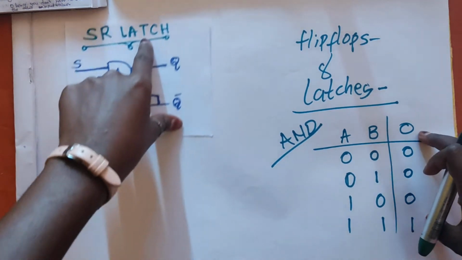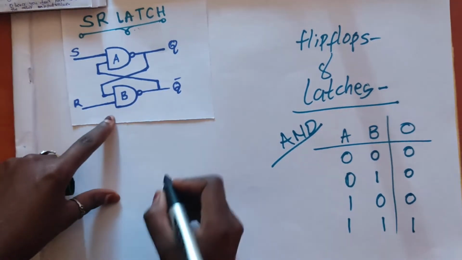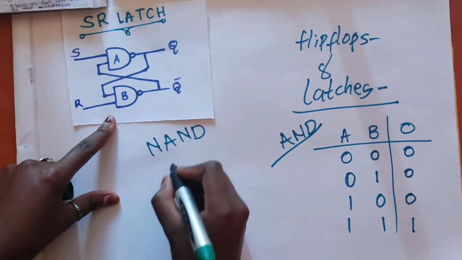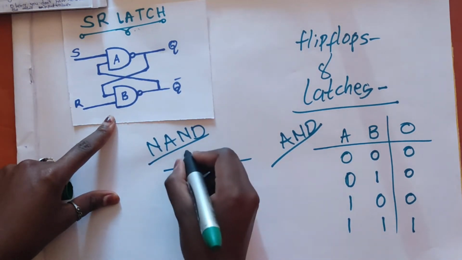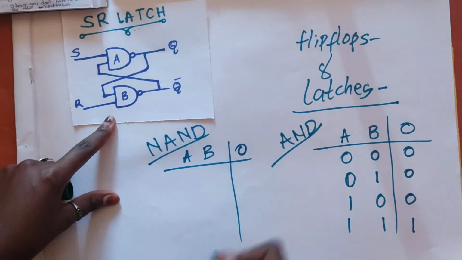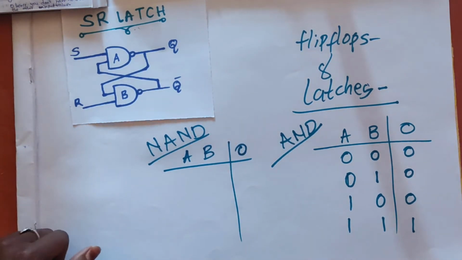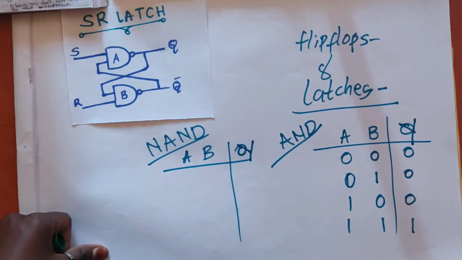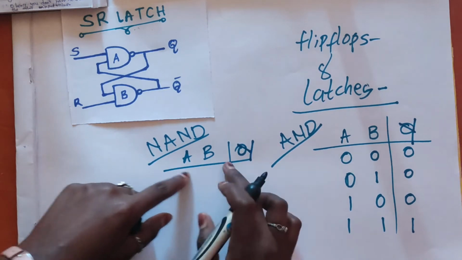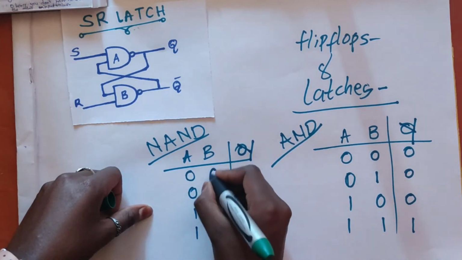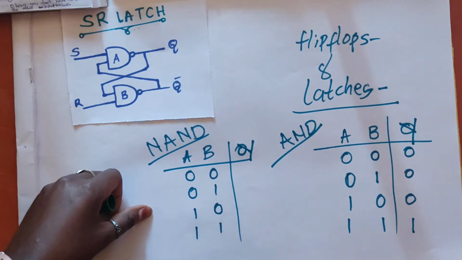Now, for the NAND gate, we have it the other way. Let's say we have the inputs A and B. This is a truth table for the NAND gate, and the output, let me just use Y here. So we have A, B, and Y: 0, 0, 1; 1, 0, 1; 0, 1.